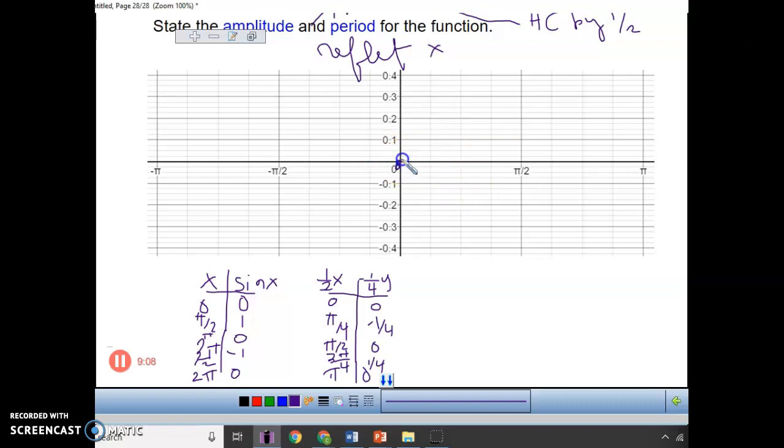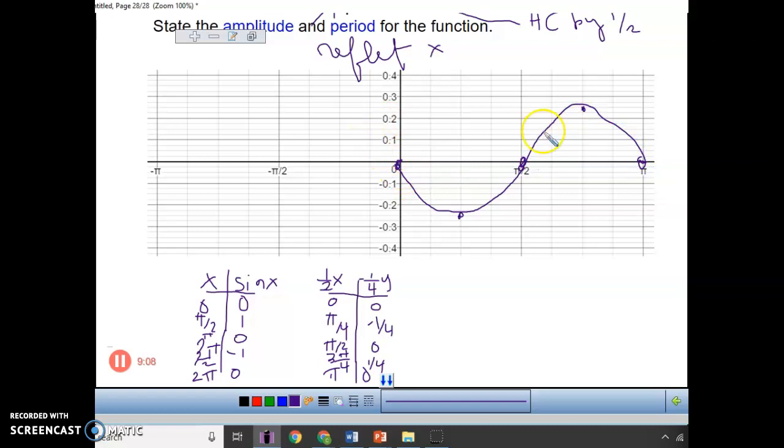So 0, 0, pi over 2, 0, pi, 0, and then pi over 4, that would be -0.25, so you put a dot there. And 3 pi over 4 is between pi over 2 and pi, so you'll put a dot at 0.25. So you'll create this graph by connecting your dots.